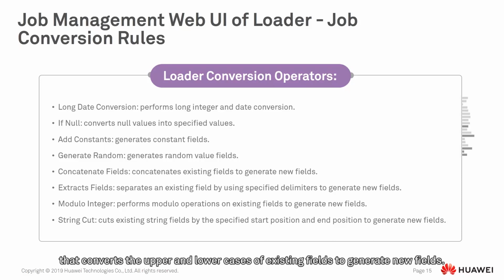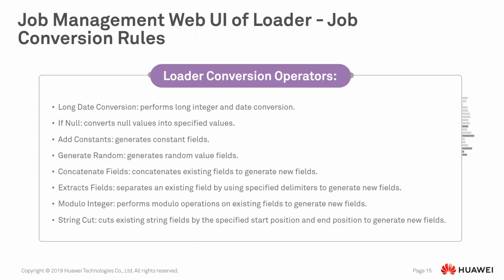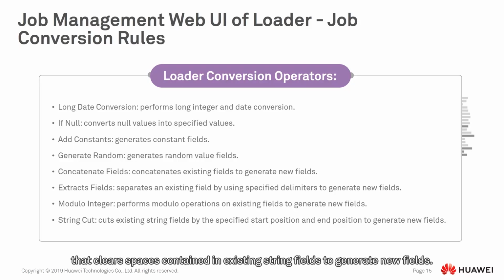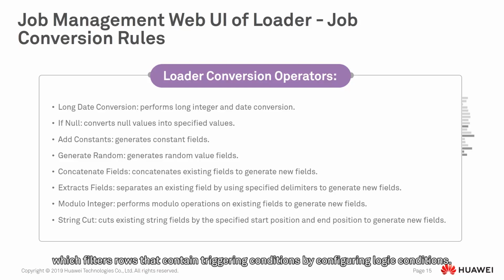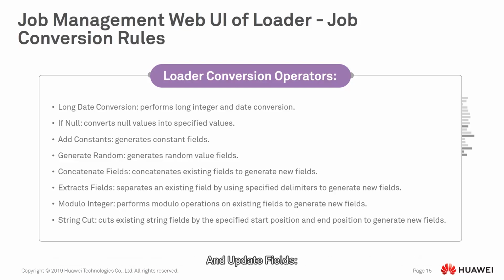String operations that convert the upper and lower cases of existing fields to generate new fields. String reverse that reverses existing string fields to generate new fields. String trim that clears spaces contained in existing string fields to generate new fields. Filter rows which filters rows that contain triggering conditions by configuring logic conditions, and update fields that updates field values when certain conditions are met.